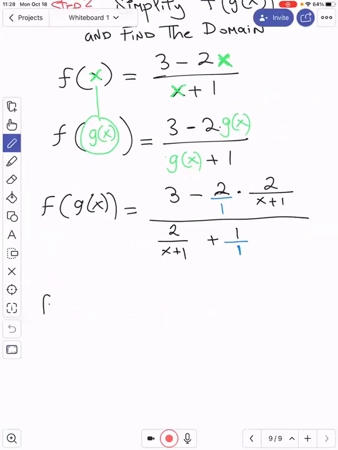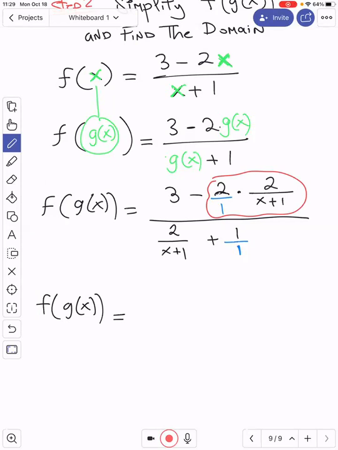So here, guys, this is a multiplication of 2 fractions, right? This 2 over 1 times the 2 over x plus 1. So this is a product of 2 fractions. The way to multiply fractions is to multiply straight across.